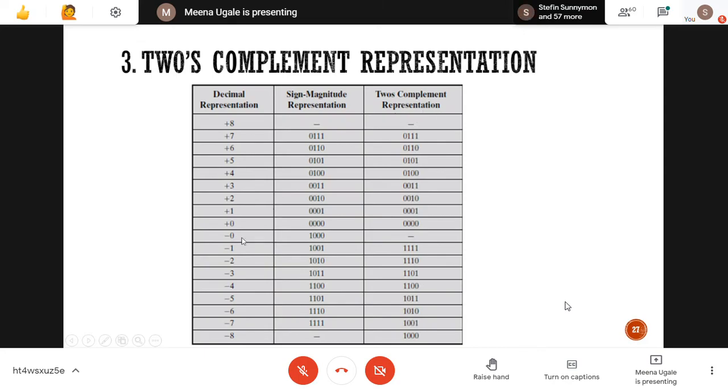Any number like +1 will be represented like 0001. In 2's complement also +1 will be the same. But when I will be writing -1, I need to go for finding its 2's complement. First take 1's complement and add number 1. You will be getting 2's complement here. This is one table I have written for the reference.